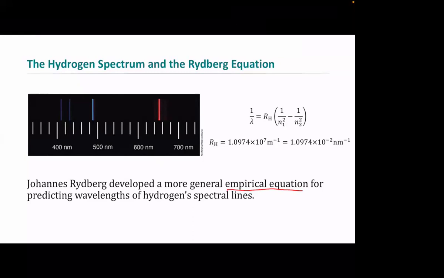He has no idea why that equation works, but it works to describe those four lines. And you can read, I think n1 has to be greater than n2 and so forth. And there's another equation that's talked about that's similar to this one in the book, or maybe, I can't remember if it's in your book or not, because I often read different sources. But they're all empirical equations trying to describe these lines.